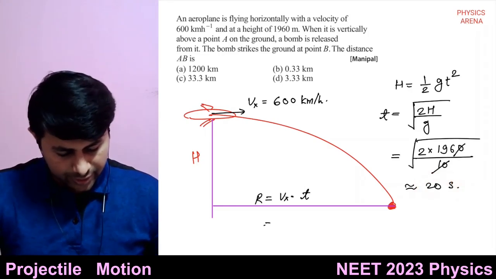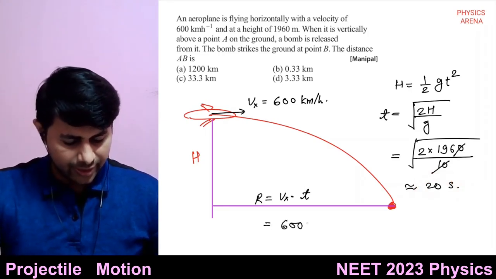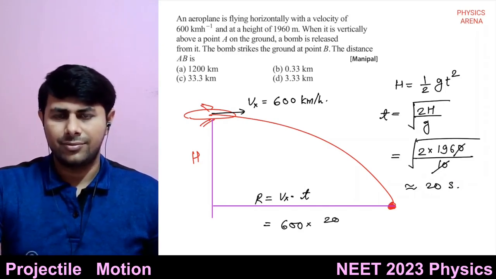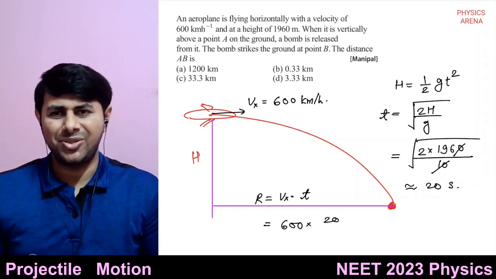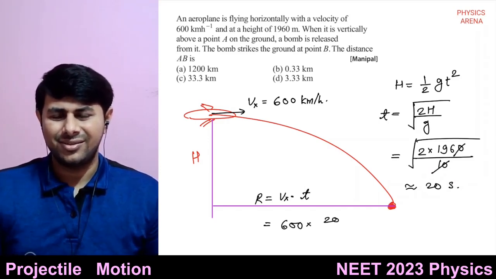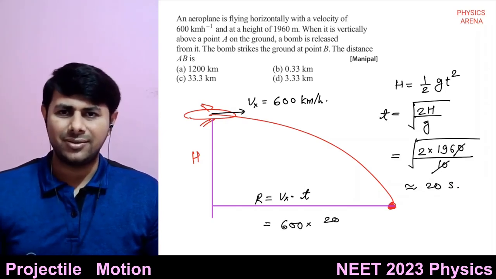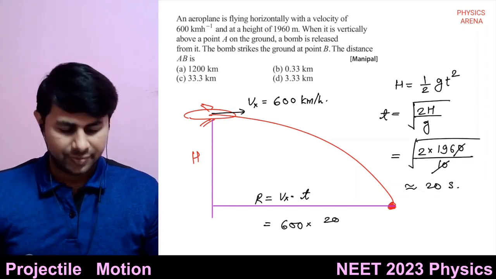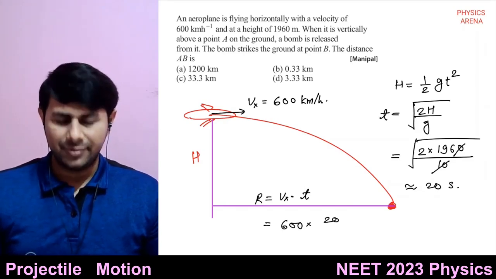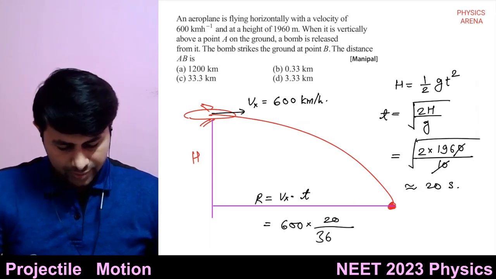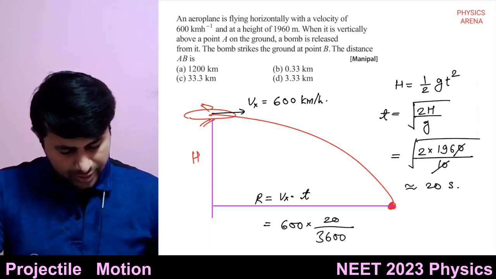So it is 600 multiplied by, how do we convert it in hours? To convert from hours to seconds you multiply by 3600. So from seconds to hours, you divide by 3600. So this thing will get cancelled.